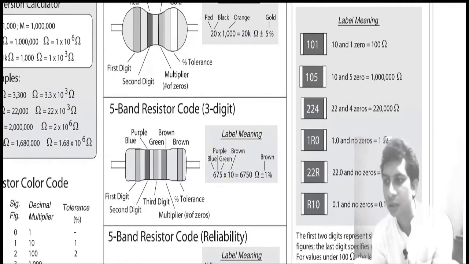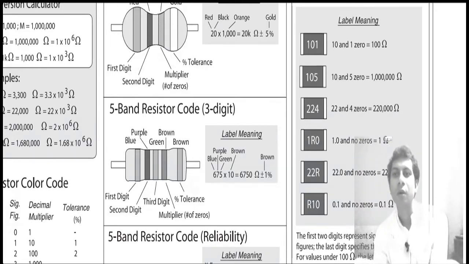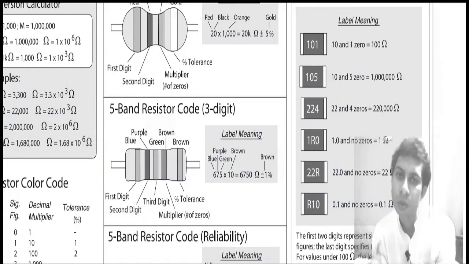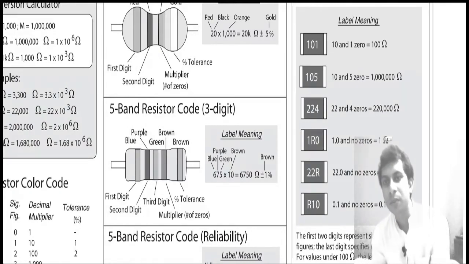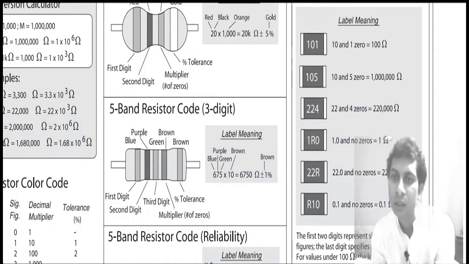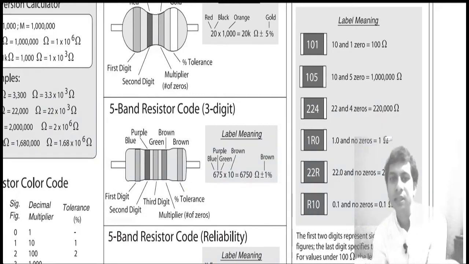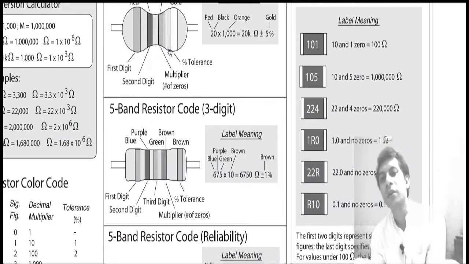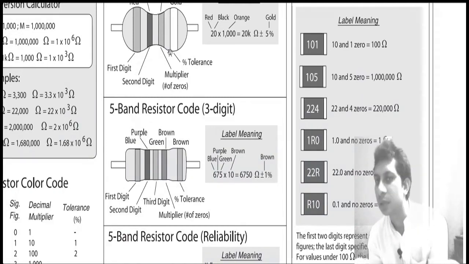Surface means the top of your table, and mount means we have to solder it. We have to join that on the surface of the PCB with the help of a soldering iron and solder on the surface itself. That means their leads or legs do not come out on the back of the PCB.